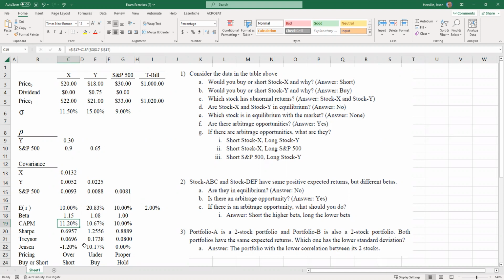Another way to look at it is if your Jensen's Alpha is negative, then you're looking at an overpriced stock. The price will come down in order to meet the required return based on the risk.